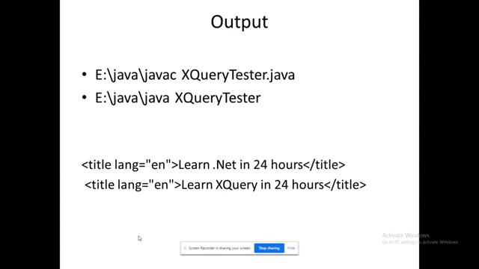So if you want to execute an xquery program, we need an XML document, we need an xquery program, and the third one is we need a Java program. What we have to do is call the XML program within xquery. Next, we have to call the xquery program within the Java program. Once we execute the Java program, we will get the data from XML. What is the filter we have applied in xquery?